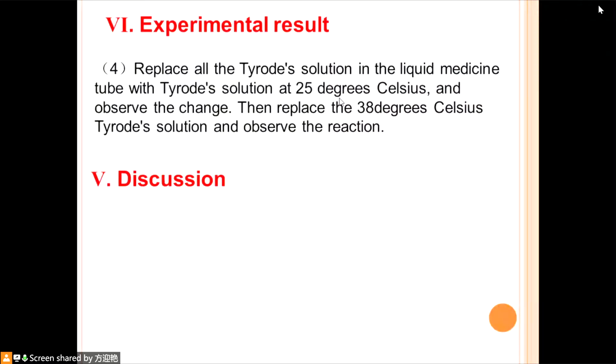This is because at lower temperature the pacemaker function decreases, and maybe the calcium channel is also affected. The number of action potentials produced decreases, leading to decreased contraction. When we replace it with 37 or 38 degree solution, the contraction recovers.